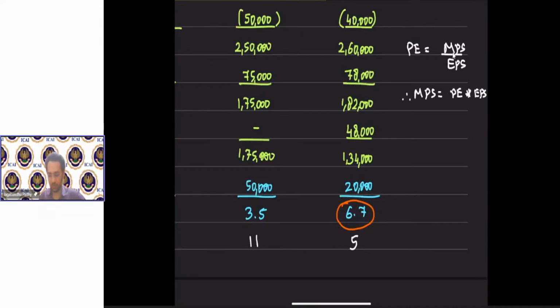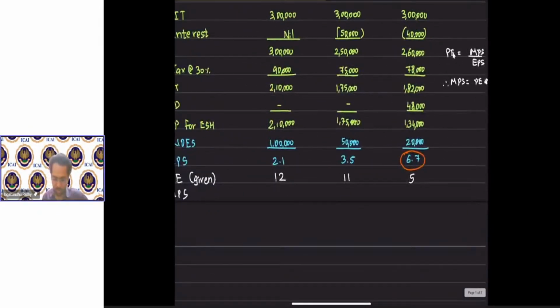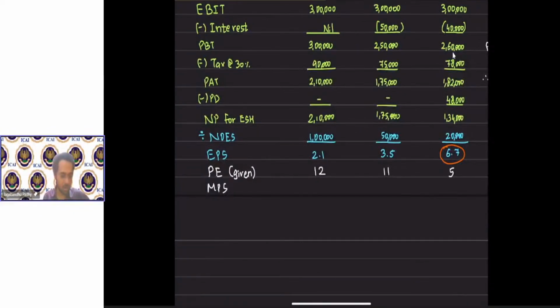So if you multiply the EPS with PE, what's the market price that we are getting? So 12 into 2.1, that's 25.2. Whereas in the second case, the PE is 11, that's going to give us 38.5. And the last case is 33.5.